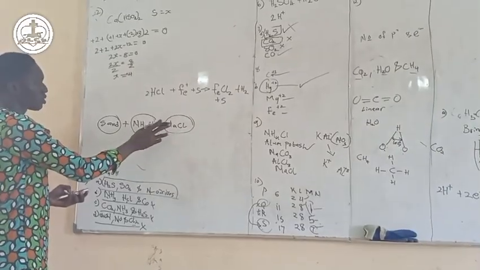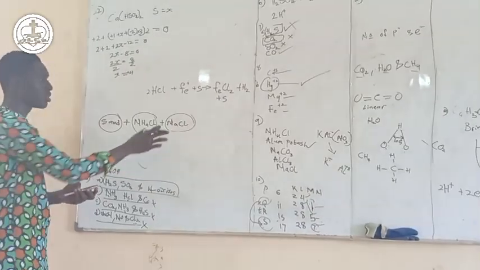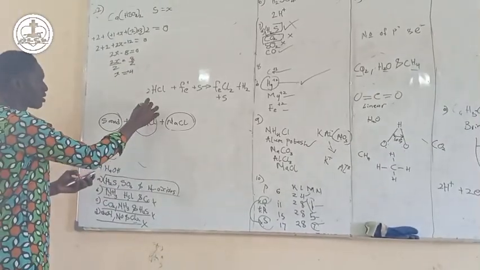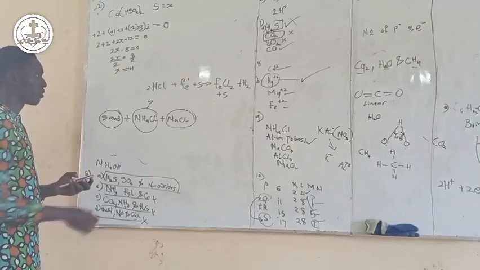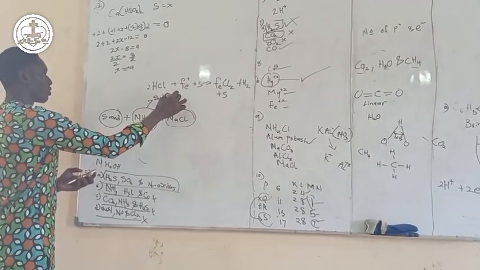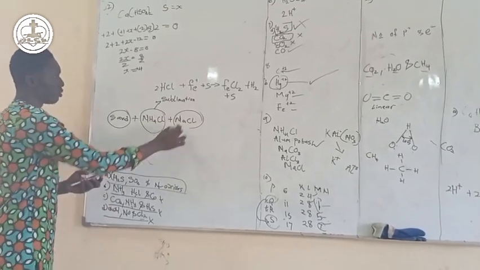We cannot dissolve it in water first, because they will still stick together. So we sublimate first. Sublimation is giving off the ammonium chloride. Then we dissolve.